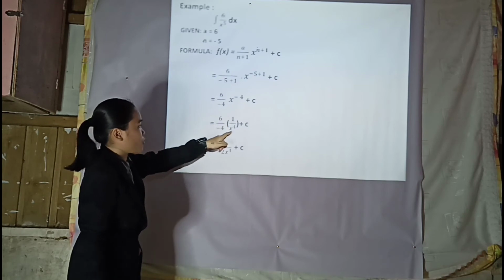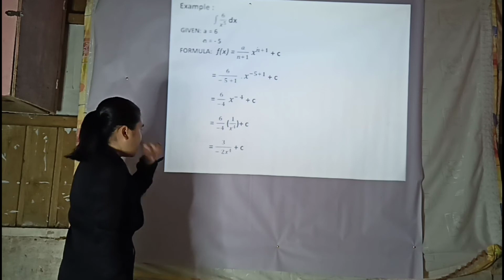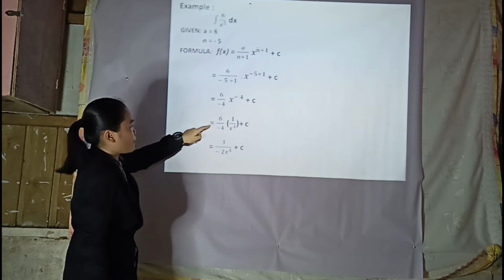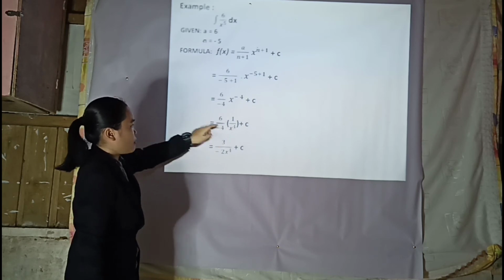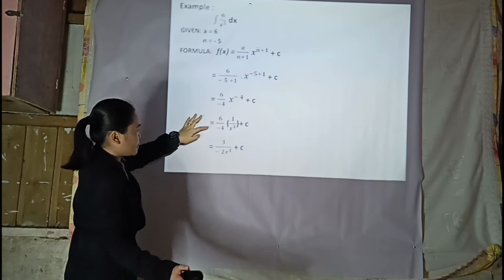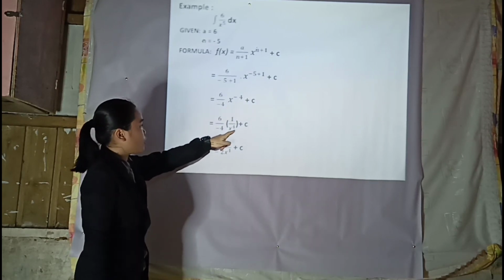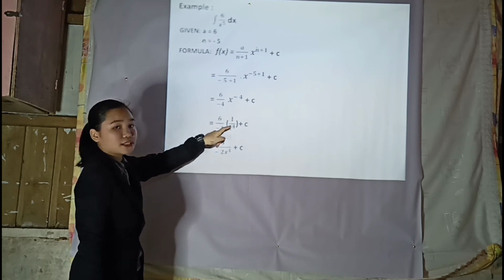So, we have 1 over x raised to the power of 4 plus c. If we simplify this answer, we have 6 over -4x raised to the power of 4, because 6 times 1 is 6, and -4 times x raised to the power of 4.